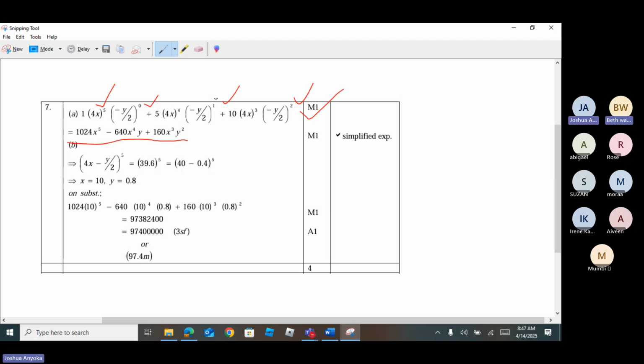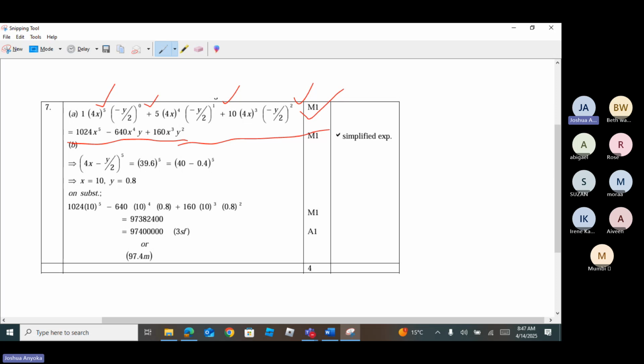This one used the first 3 terms: 1024 x to the power 5 minus 640 x to the power 4 y plus 160 x cubed y squared. But you can do everything if you are not told. Sometimes you are told expand up to the power x cubed, or expand up to the 4th term or 3 terms. Then from there we go to part B.